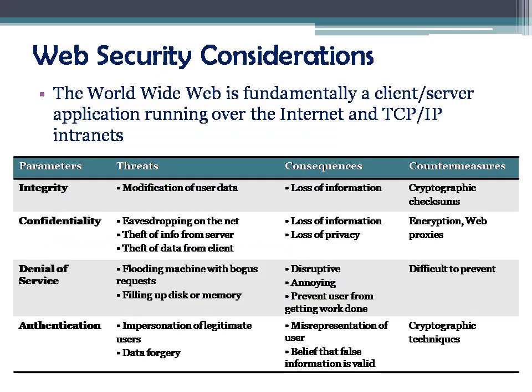To begin with, before understanding the security considerations involved in the web, we need to first know its definition. Definition of what? The definition of the web. So, the World Wide Web, which is commonly known as the web that we use in our day to day lives, is basically a client server application which is running over the internet and TCP/IP intranets.